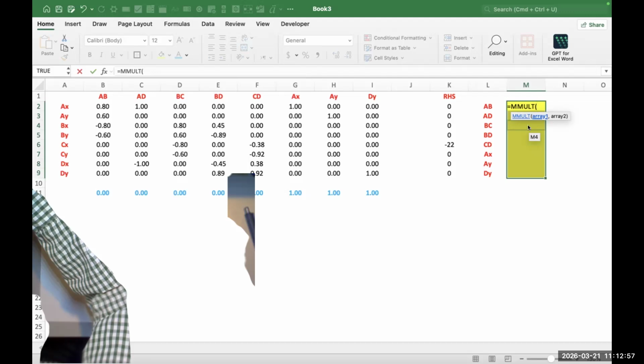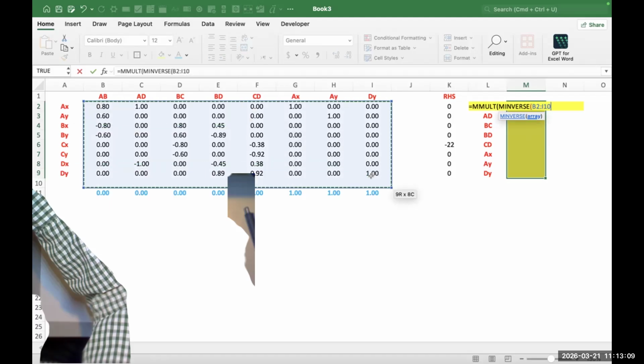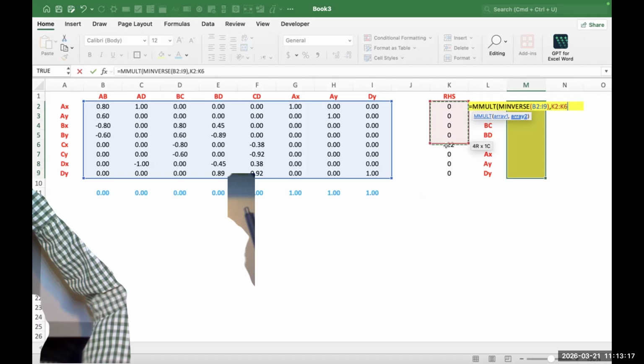The first one is not an array. It's the inverse of an array. So I'm going to say MINVERSE. You see, it will tell you, okay, which array? Now you give me the array. Oh, here it is. And then I'm going to close the parentheses, do the comma to enter the second array, which is the right-hand side, and then close everything.